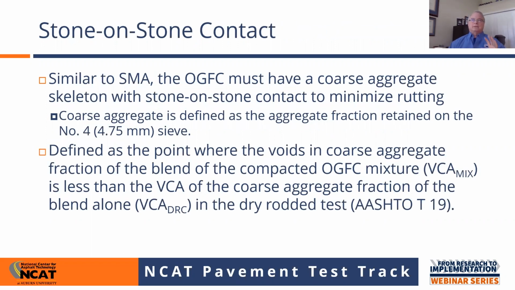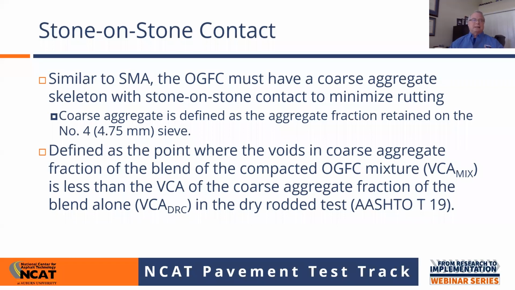There's a lot of information here, and we're not going to get into how you determine stone-on-stone contact. But there are some calculations done to determine the voids in the coarse aggregate in a dry rodded condition, and also the voids in the coarse aggregate in the mixture.